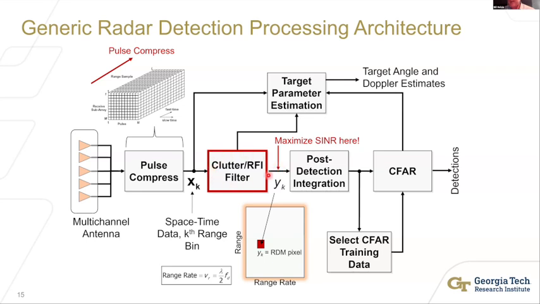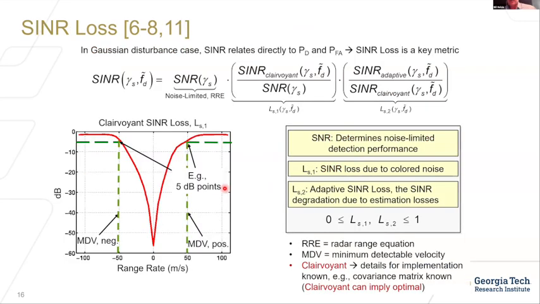There are all different approaches we can take to try to mitigate clutter. For this reason, radar engineers embrace this metric called SINR loss, which can get kind of confusing. It's a little wonky. These are numerator terms. As I mentioned earlier, we also embrace the idea of trying to achieve noise-limited performance.